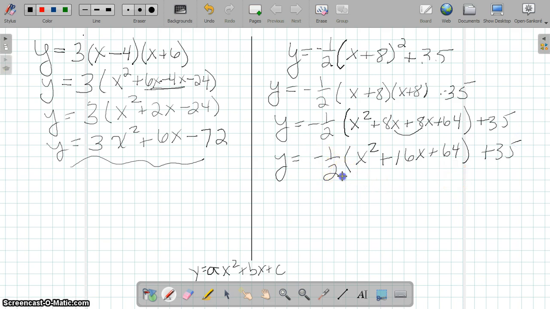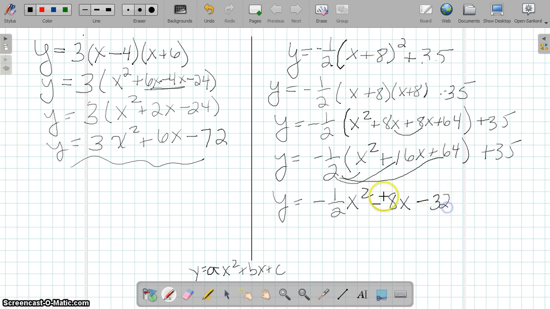Okay, now we have to distribute our negative 1/2. Negative 1/2 times x squared is negative 1/2 x squared. Negative 1/2 times 16x, we're going to half that 16, and that's an 8, and we're multiplying by a negative, so that's a negative 8x. Negative 1/2 times 64, we're going to chop 64 in half, which is 32.